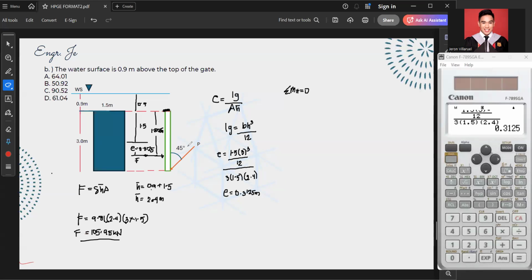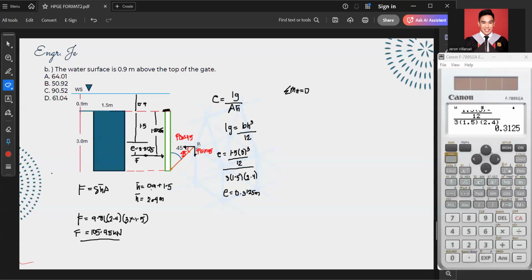Again, we can do our x and y components here, and our angle here again is 45. And for our horizontal, that's P cosine 45. And for our vertical, that is P sine 45.